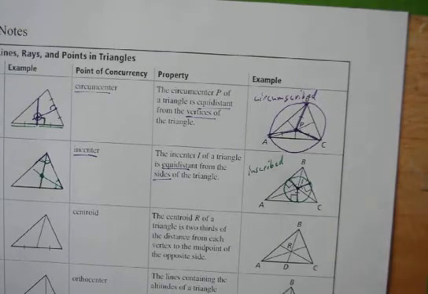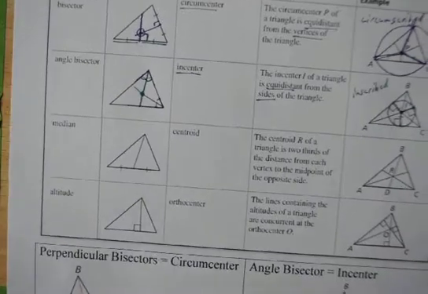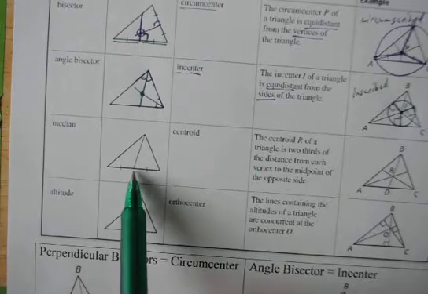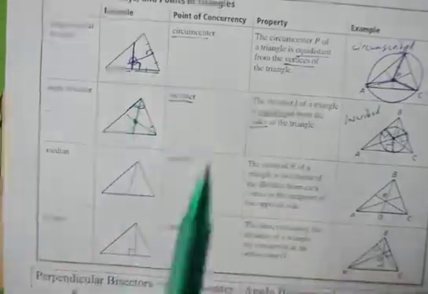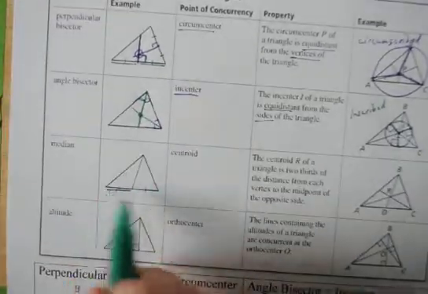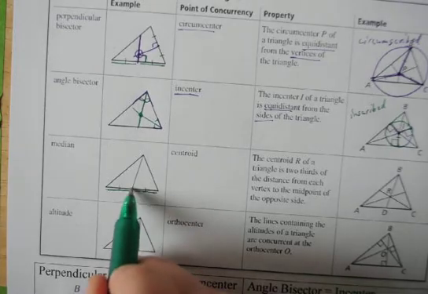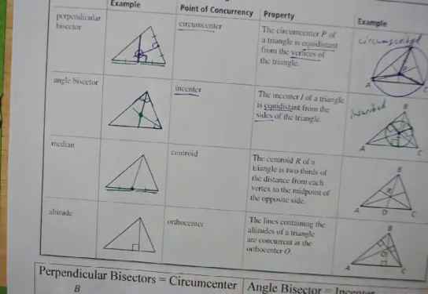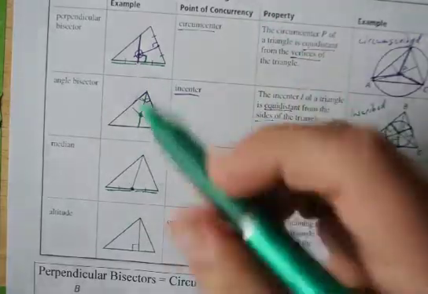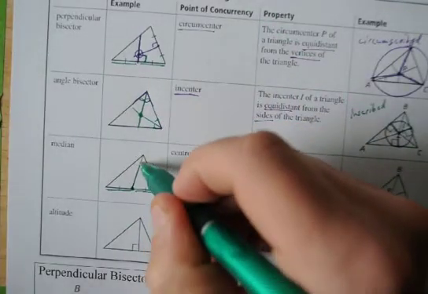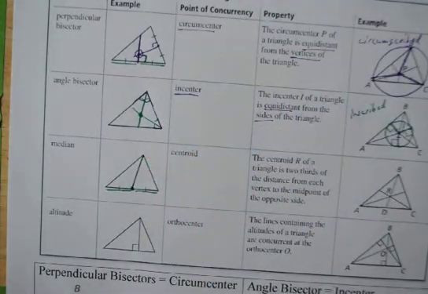Alright, so there's that. The median. A median is like a perpendicular bisector. It bisects a side, but instead the perpendicular bisector has a right angle. This one just goes straight to the vertex.